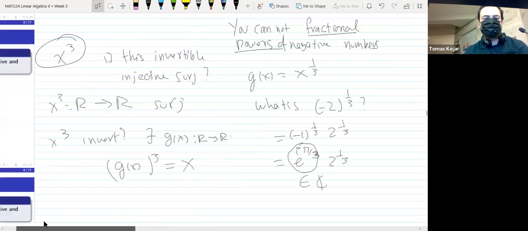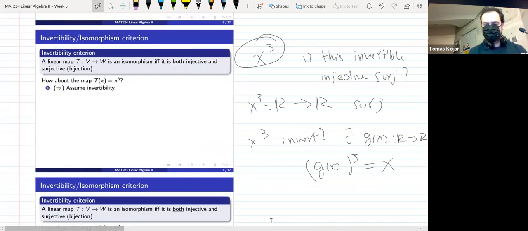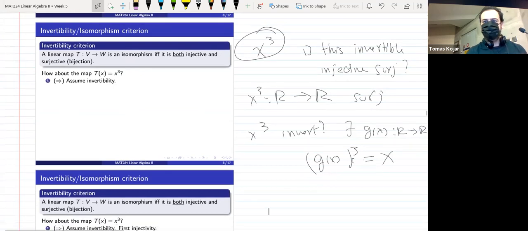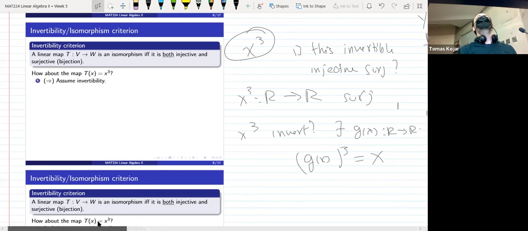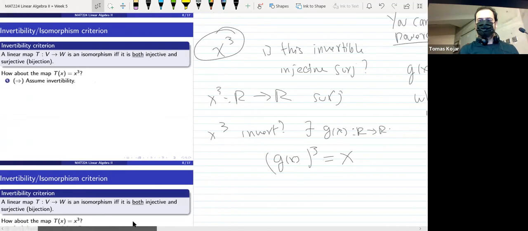As a function from R to R, you're in trouble. Okay, let me think about this.